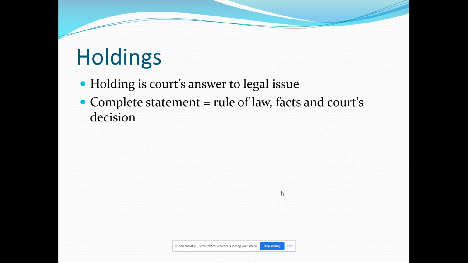You want a reference to the rule of law, and then the key facts that concretely give rise to the controversy. But the holding is not a question, it is an answer. So do all that. Your homework is going to be writing out some of the holdings in the cases in the back of the Statsky text.